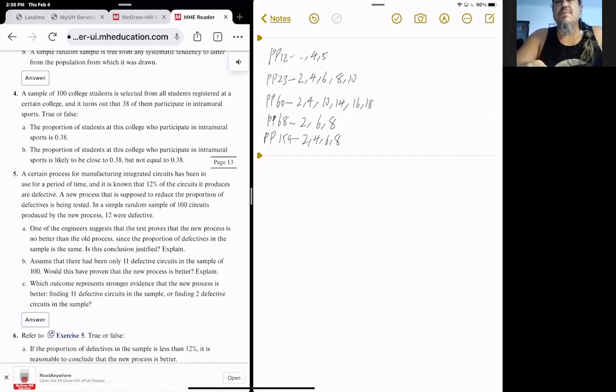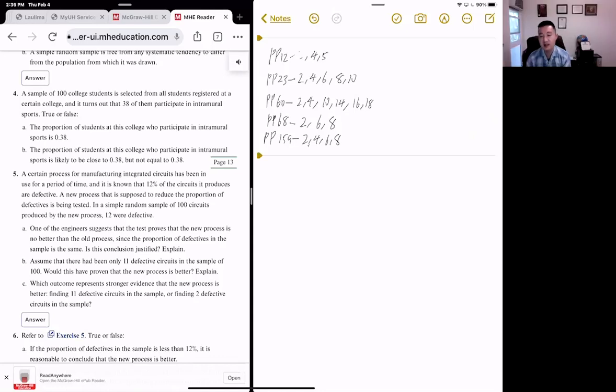Is that a description of a certain classification of statistics? Yeah, in statistics, basically you try to get the parameter, or in this case, the proportion participating in intramural sport of the whole college, the whole population, from a sample, these 100 students. From this sample of 100 students, you found the proportion is 38%, and you want to get an idea of the proportion for the whole college.